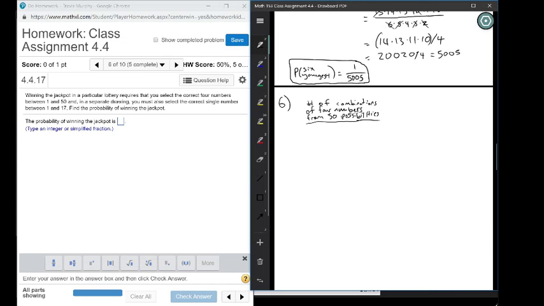And we have to select 4 things out of 50 possibilities, so that's a combinations problem.